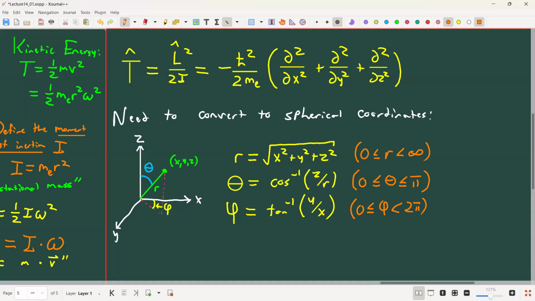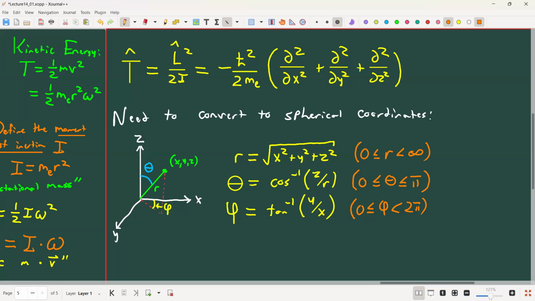Now, here's what'll end up being really nice about this math. Eventually we have to do integrals. We have to integrate over some wave function defined in this space, the square, to get probabilities. So eventually we're going to have an integral of some three-dimensional function, defined in x, y, z from negative infinity to positive infinity.